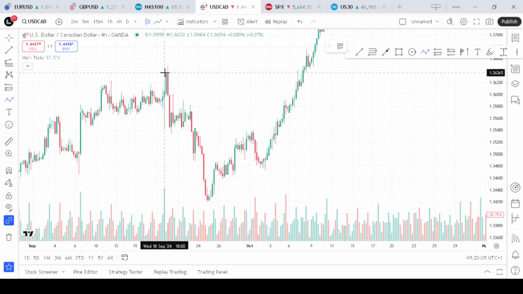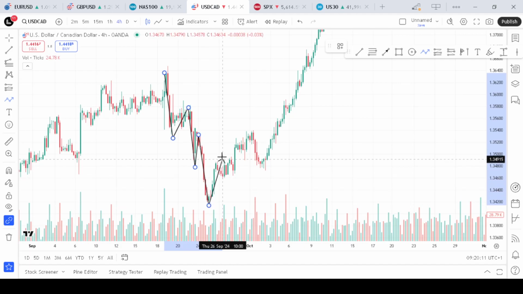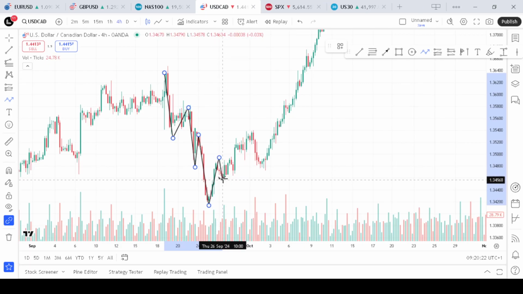So when price is trending in the downside, creating a series of lower lows, lower highs, lower lows, price creates the peak, which is the point 1, then retraces and creates the point 2. This is another peak before it clears the point 3. The point 3 signifies the initial higher low before price breaks above the point 2.